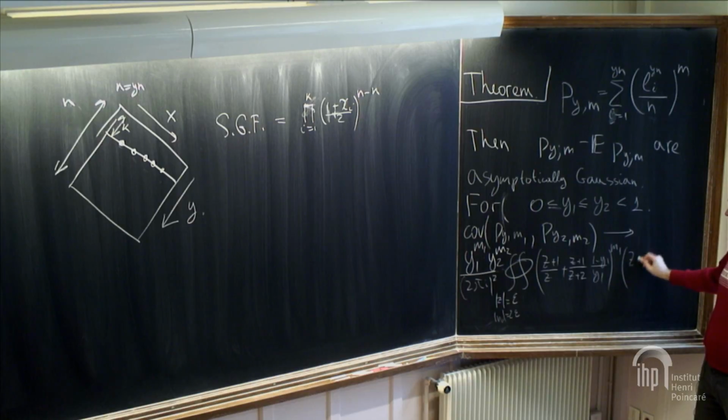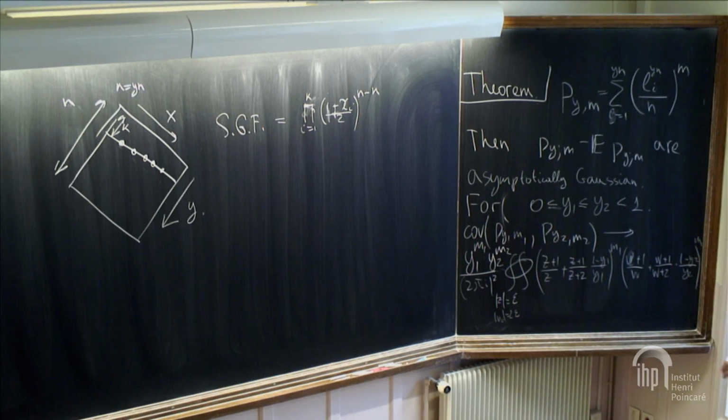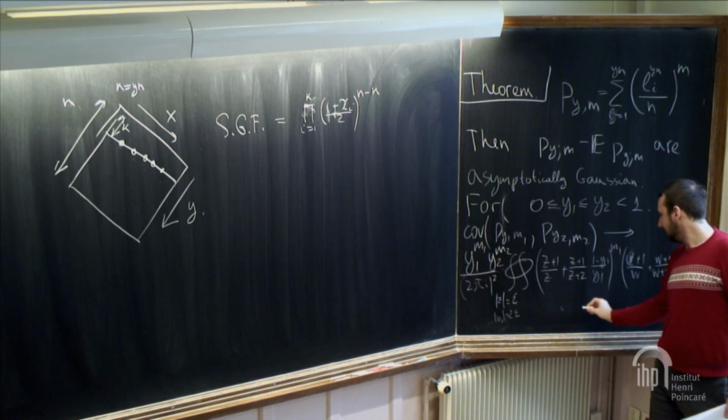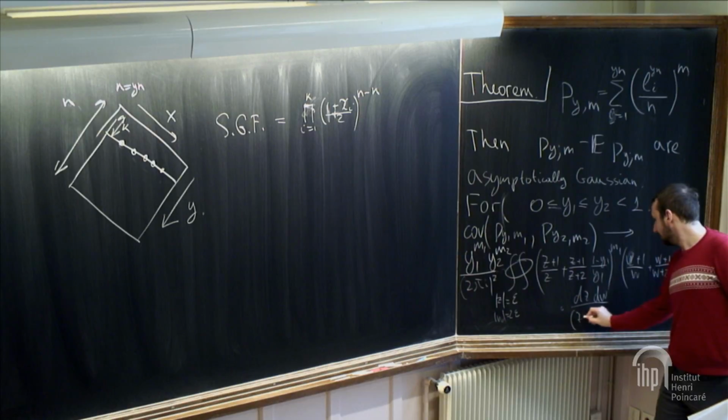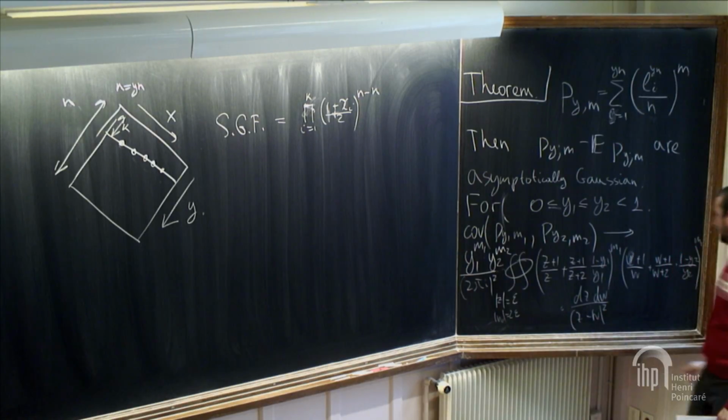Then the same expression in w related to m2, (1 minus y2) divided by y2 raised to the power m2. And finally, there will be dz dw divided by (z minus w) squared.